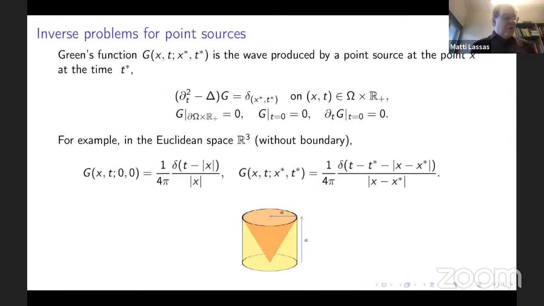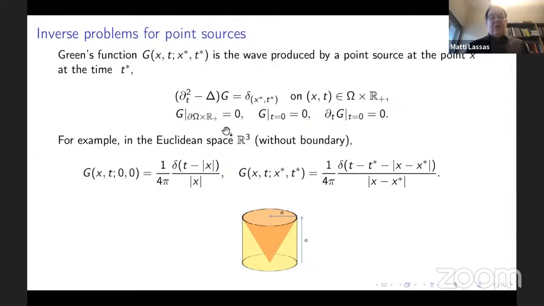So let me recall how we consider the point sources. Like earlier, we use Green's functions. So the Green's functions are now waves. In this example I again have a constant wave speed, but we are going to change this. And we have a delta source that produces a wave.